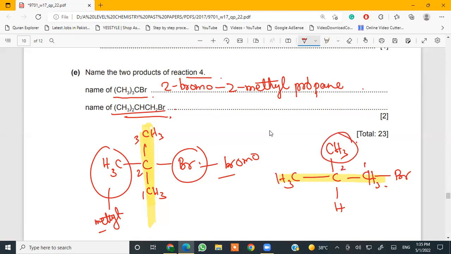So 2-methyl, 1-bromo: 1-bromo-2-methylpropane. It's that simple. The longest chain is first, second, and third, and you start from the first carbon, which is nearer to the bromine atom. And there you go.